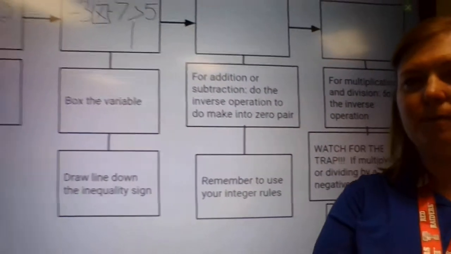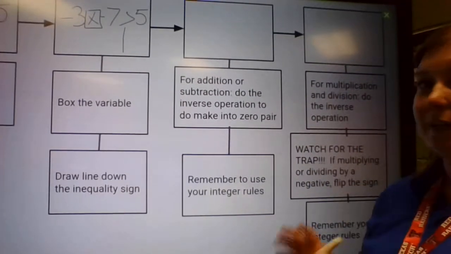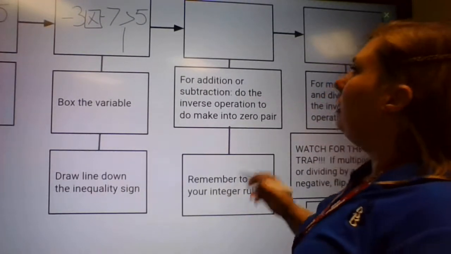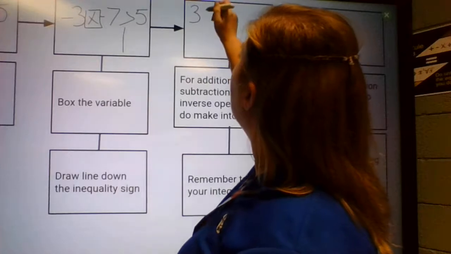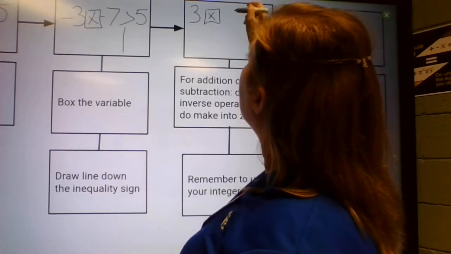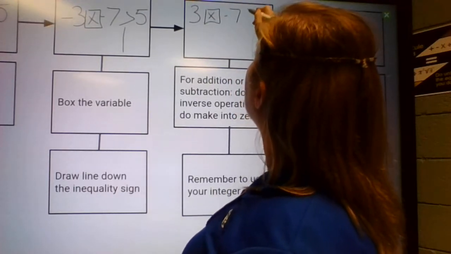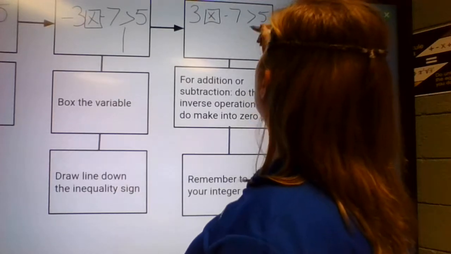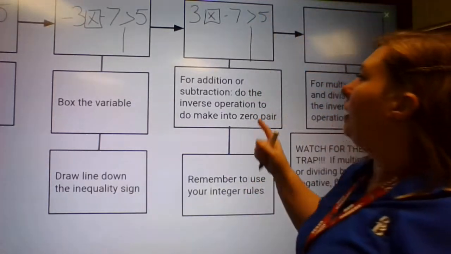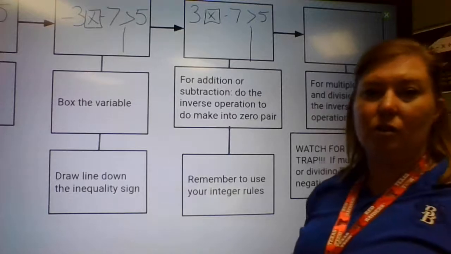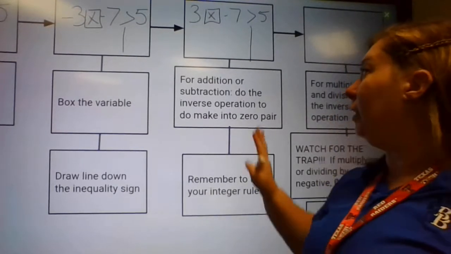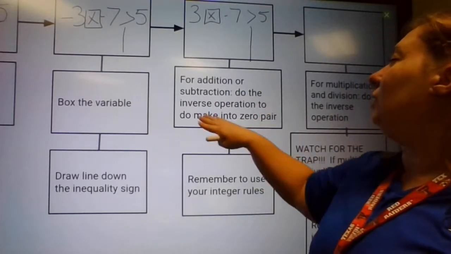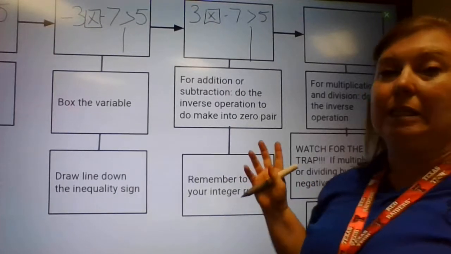For the next part, I still have the same inequality. Oops, I said equation. So I have my negative 3x minus 7 and 5. I have my line drawn. I need to undo addition or subtraction. To undo any addition or subtraction, do the inverse operation to make it a zero pair.